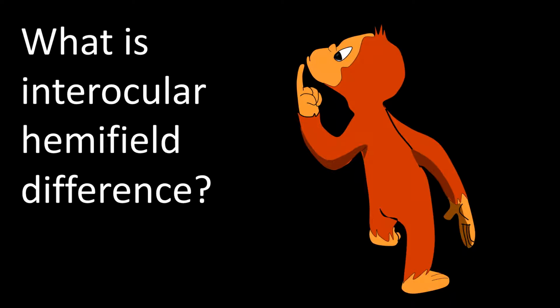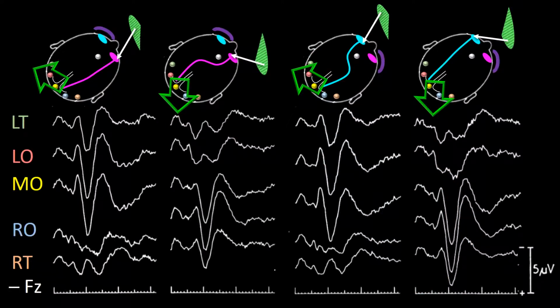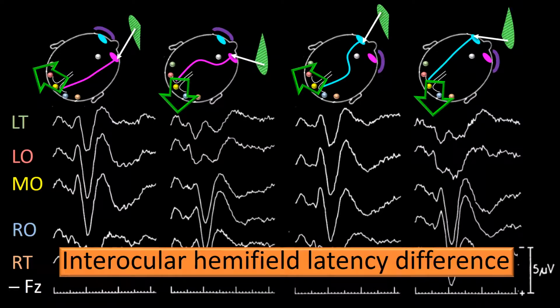So the question is, what is interocular hemifield difference? One of the parameters that has been used to evaluate hemifield visual evoked potentials is interocular hemifield latency difference.